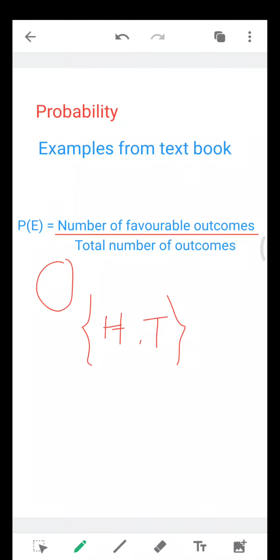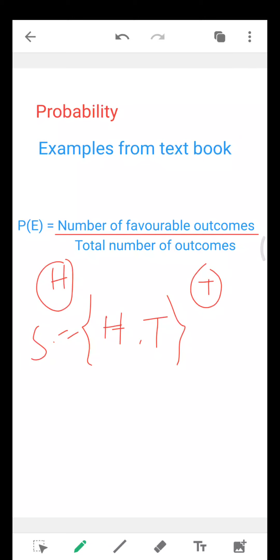You may get heads on the coin or you may get tails on the coin. So this is called sample space. What do we call this? Sample space. You can denote it by just S also. The number of possible outcomes in an experiment is called sample space.